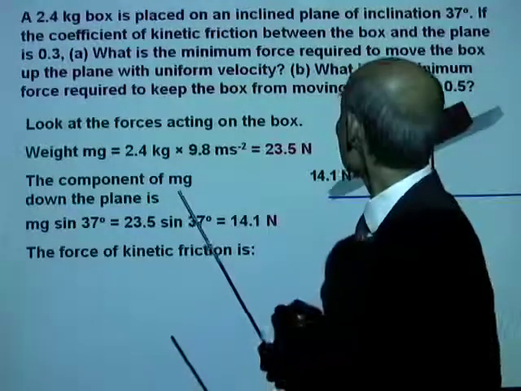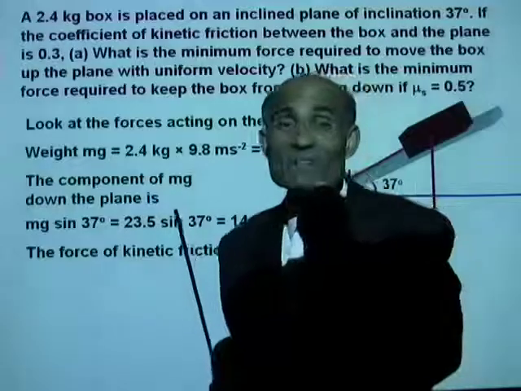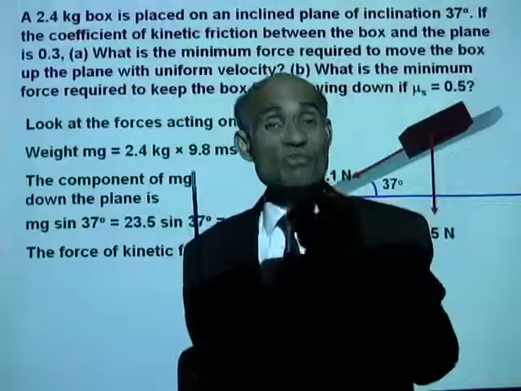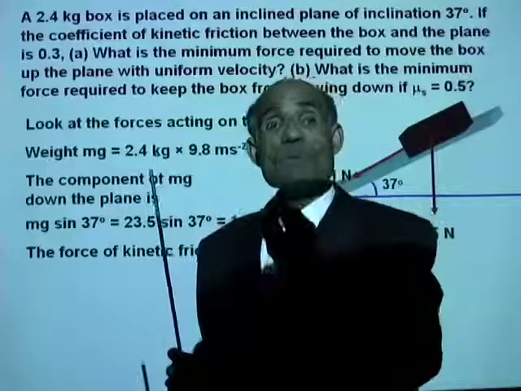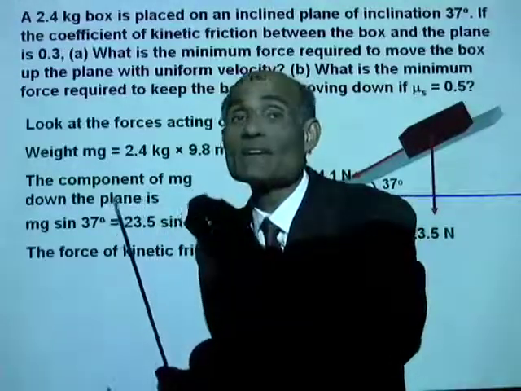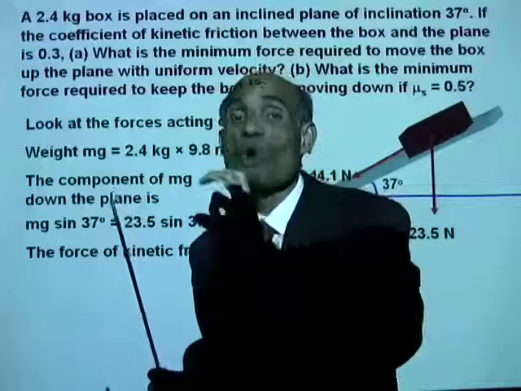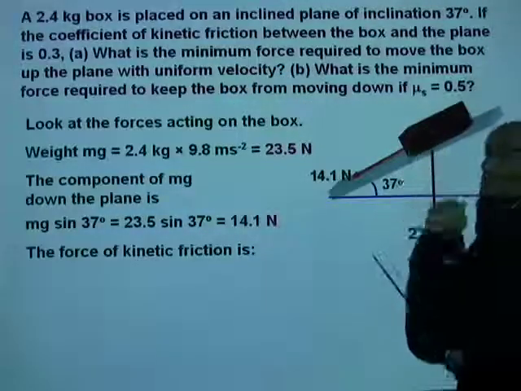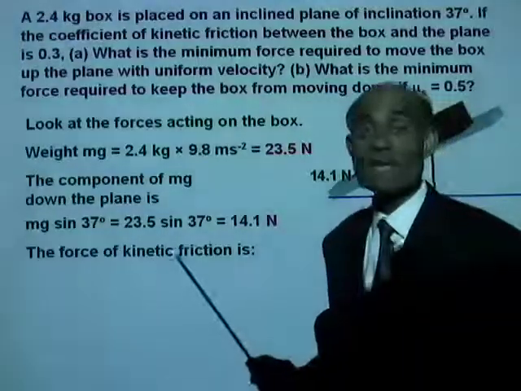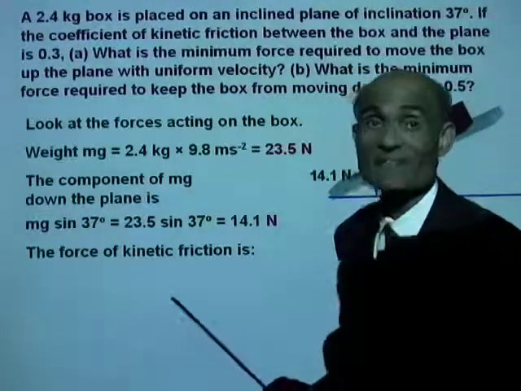If the box is sliding down, then the friction is the force of kinetic friction. Fk is mu k Fn, mu k times the normal force. What is the normal force pressing the 2 surfaces together? That will be mg cos theta.